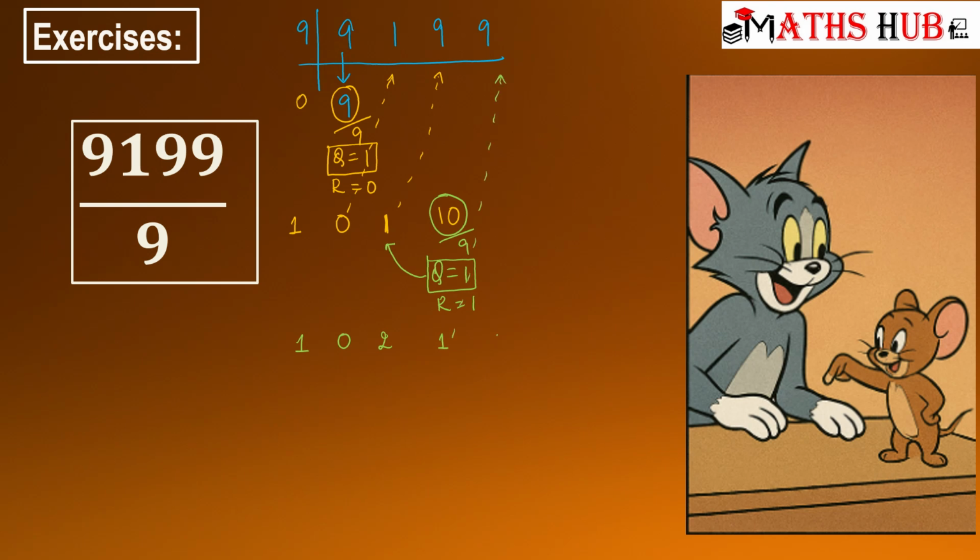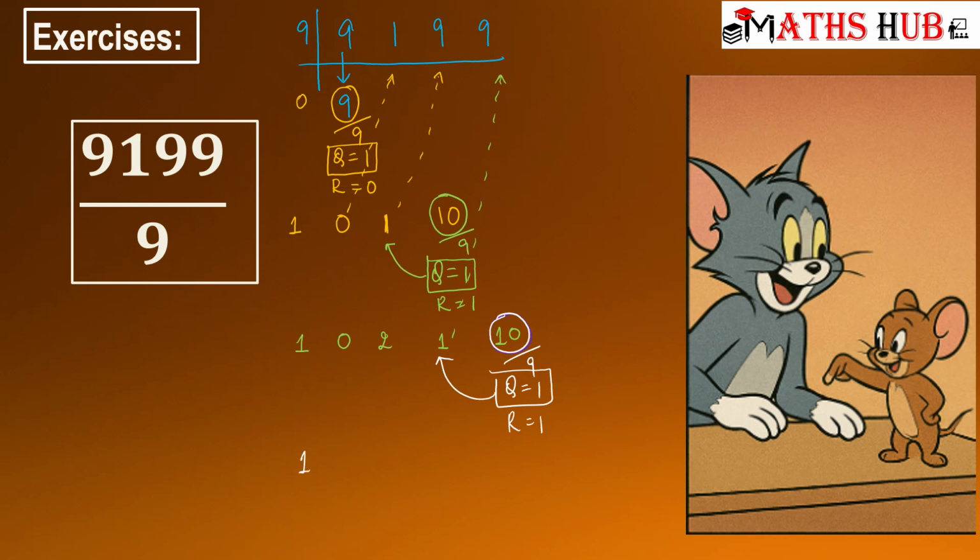1 plus 9 becomes 10. Again, this place is creating a problem for me. So I will divide 10 by 9 again, right? So I get quotient 1, remainder 1. Add the quotient to the previous place.